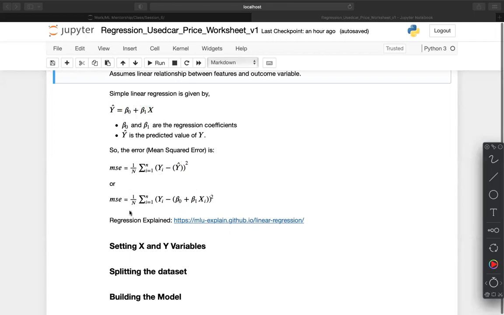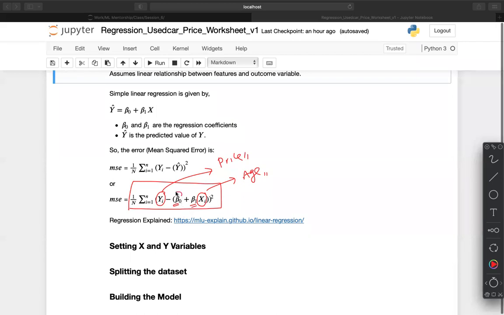So now if you look at the whole equation here, from the data we know what is yi, it's already given here in the data, the price, and what is the xi, in this case age. This is my price given and this is age given. So different age, different price there, right? So now there are only two variables which can be changed. Beta 0 can be changed, beta 1 can be changed, right?